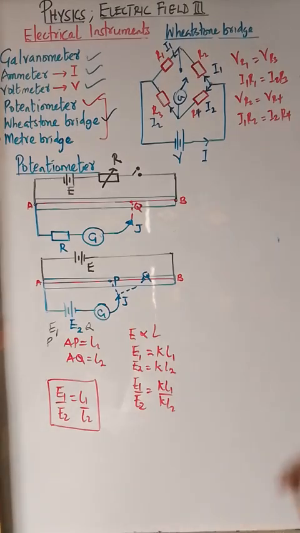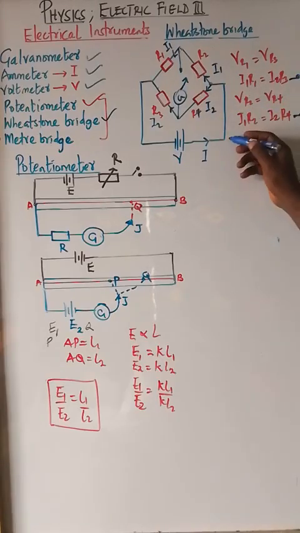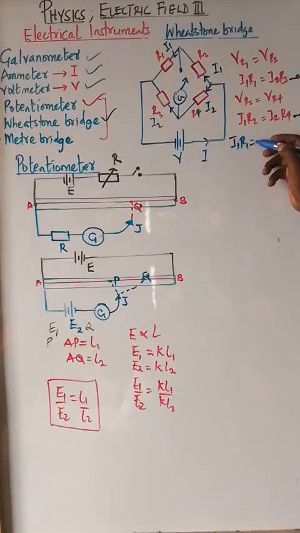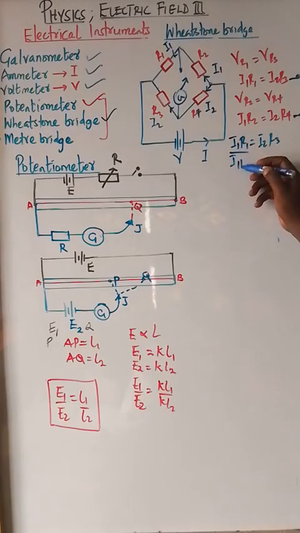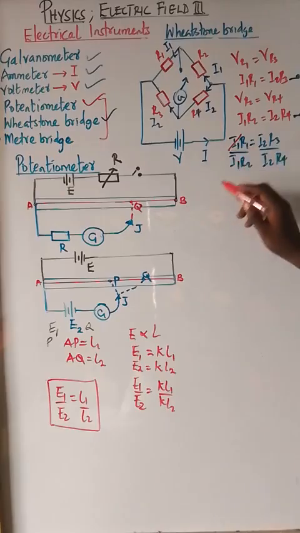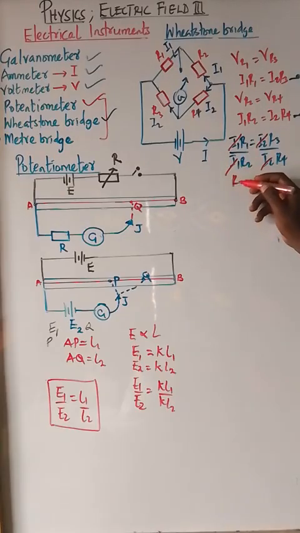So what can we do? Let's divide one by the other. What we have here is I1R1 equals I2R3, then I1R2 equals I2R4. Now from here, this cancels, this cancels. So at the end of the day, we'll have R1 over R2 equals R3 over R4.